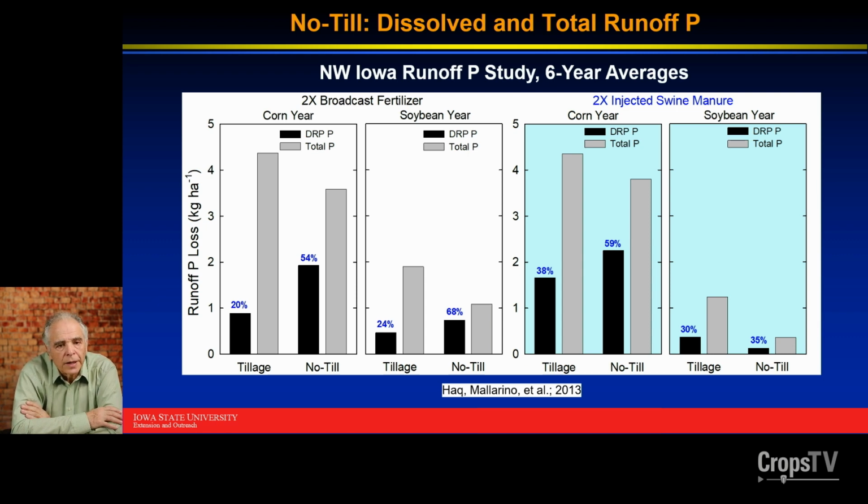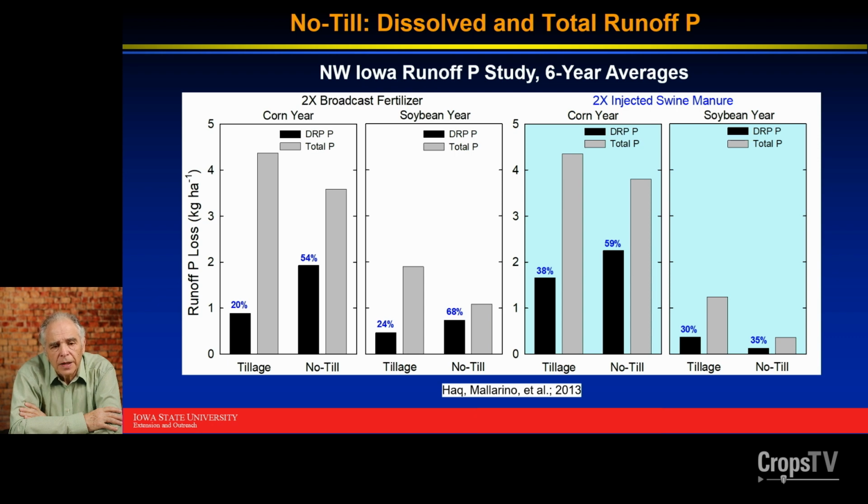But look at the difference between the no-till and tillage in terms of the proportion of dissolved P. We see with tillage we have about 20% of that is dissolved P, and with the no-till it's 54%, and that happened in the soybean year and happened everywhere.